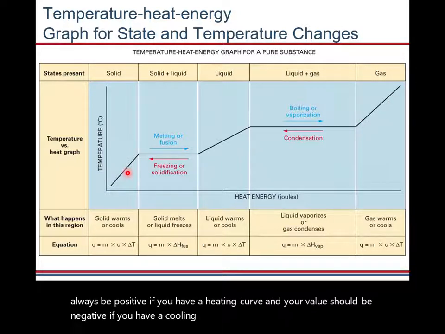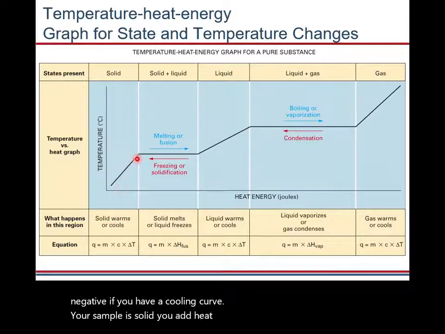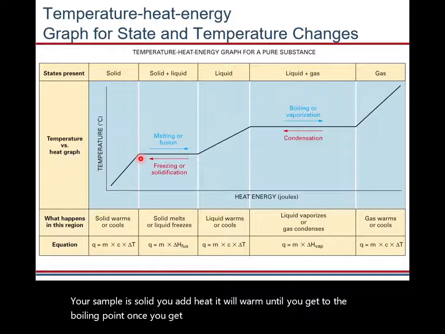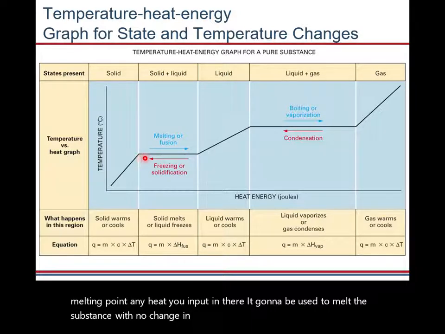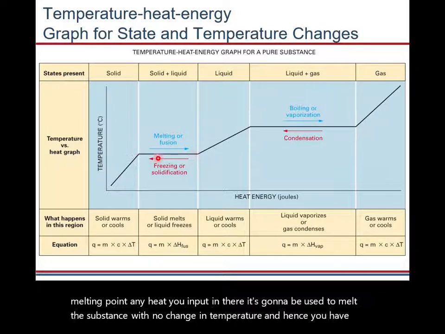Your sample is solid. You add heat, it will warm until you get to the melting point. Once you get to the melting point, any heat you input is going to be used to melt the substance with no change in temperature, and hence you have this horizontal line, no slope.